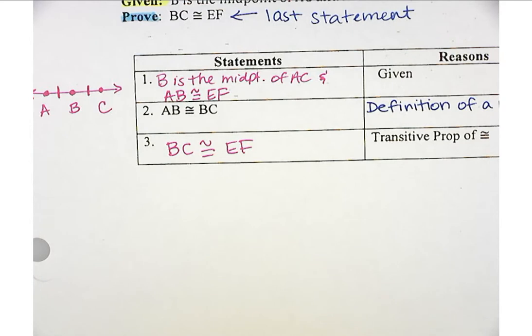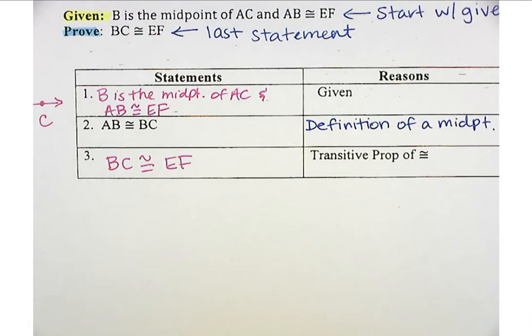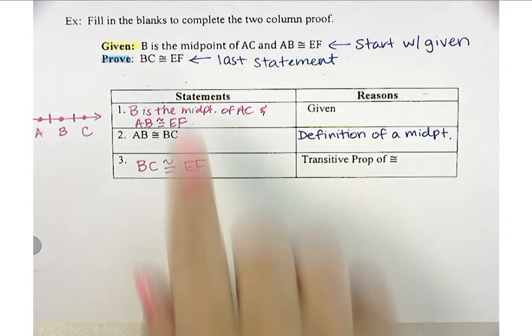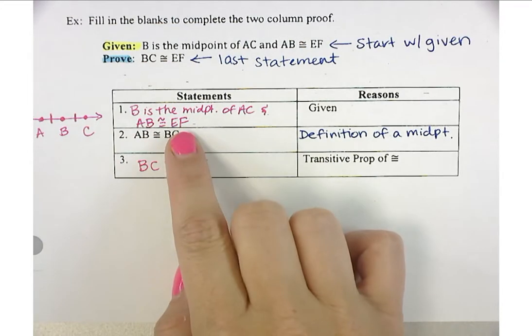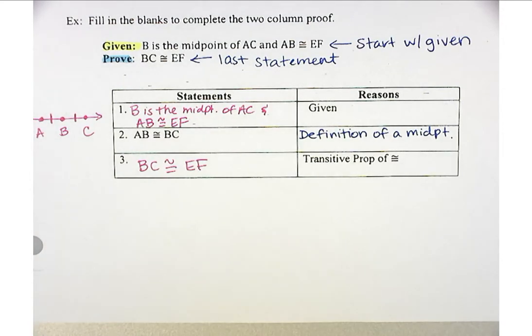And that is usually going to be your next step whenever you are given that something is the midpoint of a certain segment. Your next statement is going to be that those two are congruent, and that's going to be because of the definition of a midpoint. Okay, so we know B is the midpoint, so we have AB is congruent to EF. Then we know AB is congruent to BC.